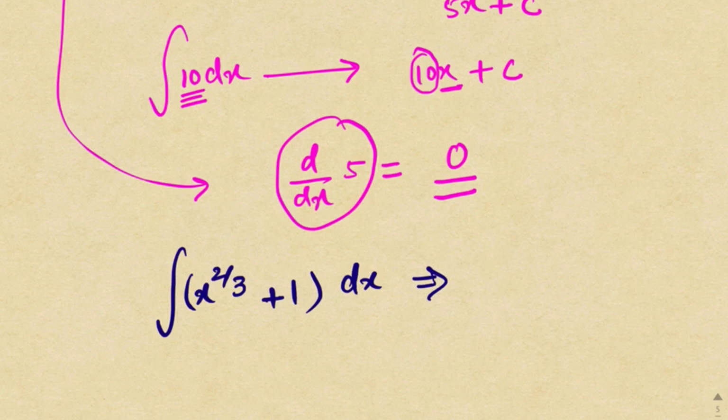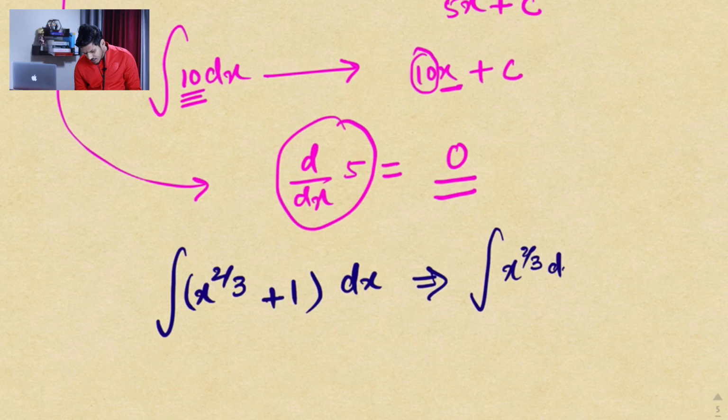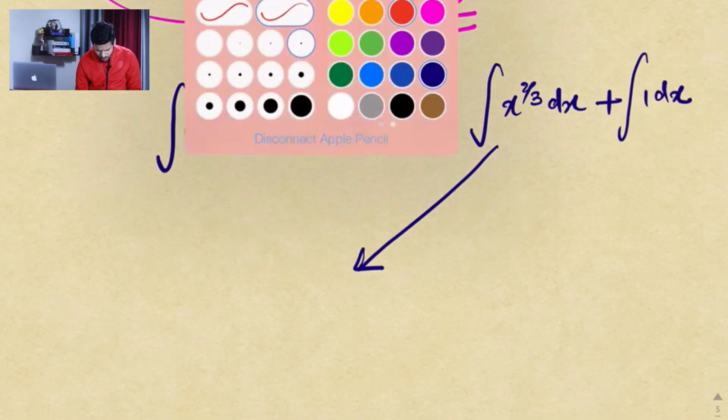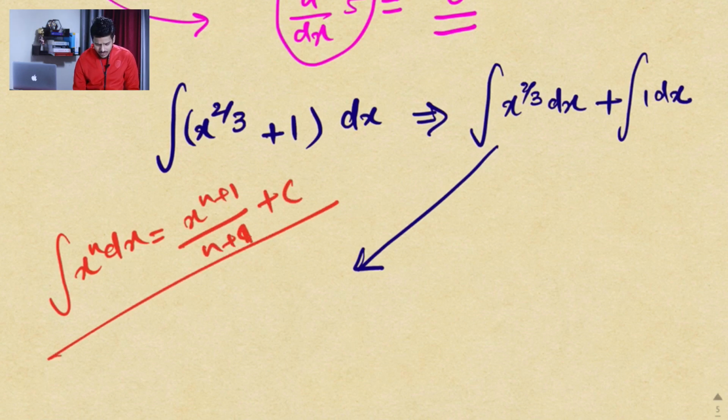When we study some properties of indefinite integrals, we will see that when two functions are added, we can separate them, like integration of x to power 2 by 3 dx plus integration of 1 dx. We have already seen that integration of x to power n dx is x to power n plus 1 upon n plus 1, plus c, where n is any real number.